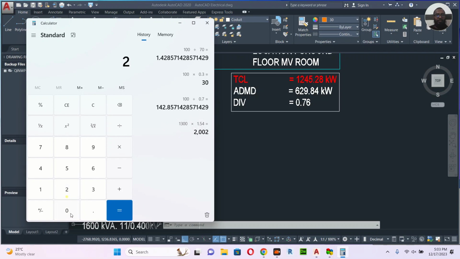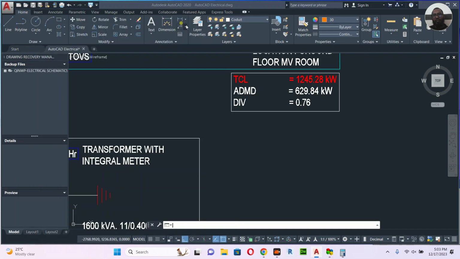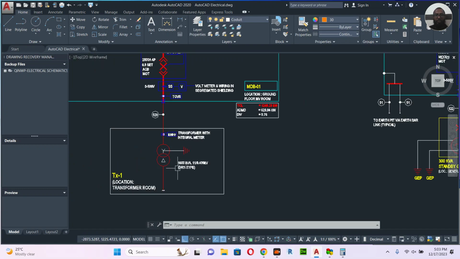Okay, 2000 into 0.3 is 600, now plus 2000. So always 2600 amperes.